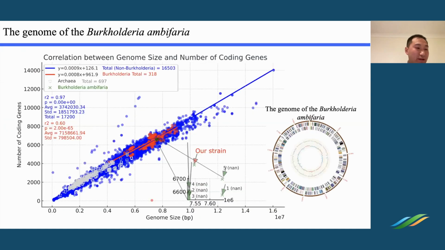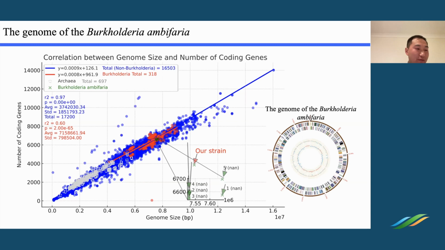Upon placing the genome of this bacterium into the context of a comprehensive bacterial database, we observe that the bacterium's genome, which is about 7.4 megabase pairs and contains 7,361 genes, is significantly larger than other bacteria of the same species in the database.